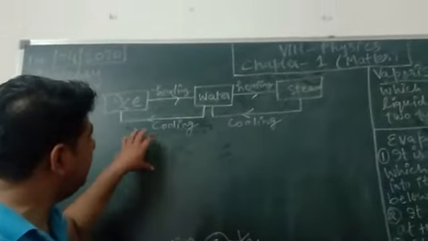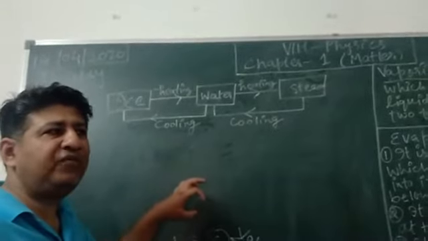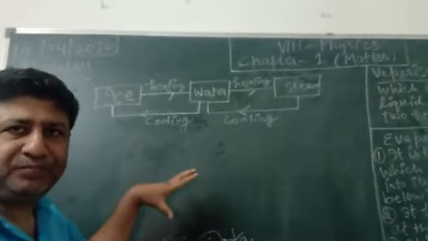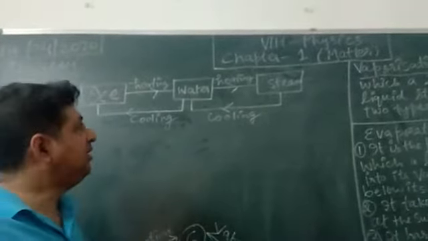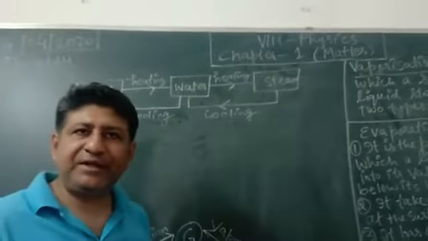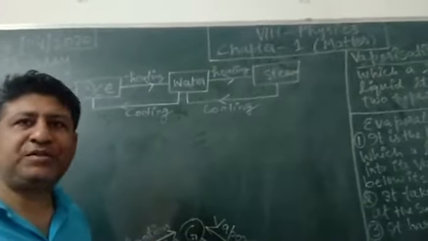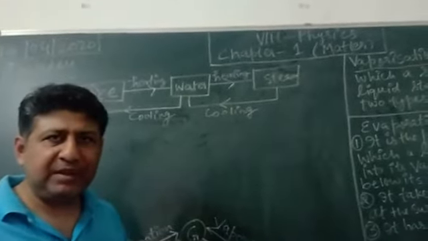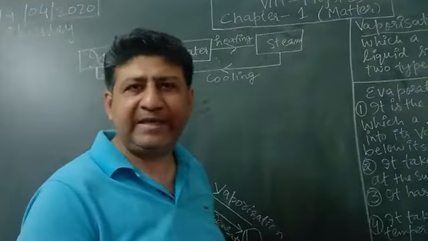Now let's try and understand change of state of matter in terms of two parameters. One is temperature, and with that I'll be connecting pressure also, and the other is change in energy state. I told you earlier that in the gaseous state the particles move very freely because the intermolecular force of attraction between them is very less.